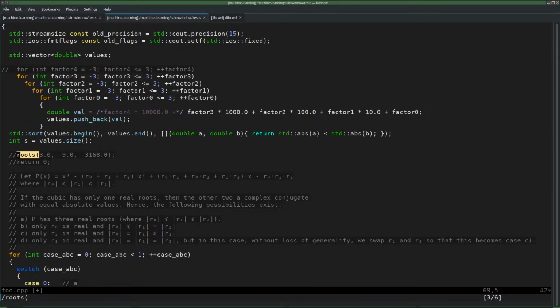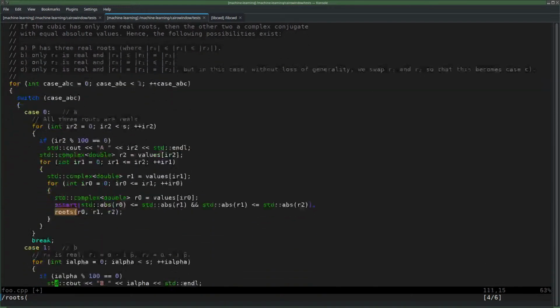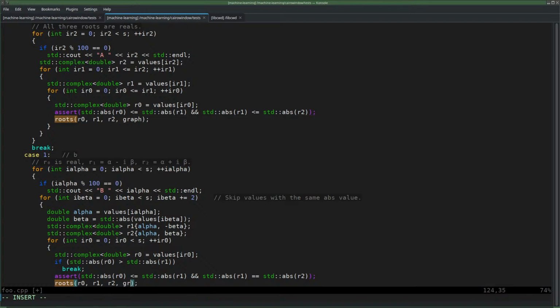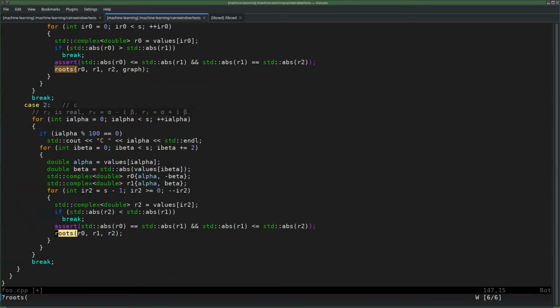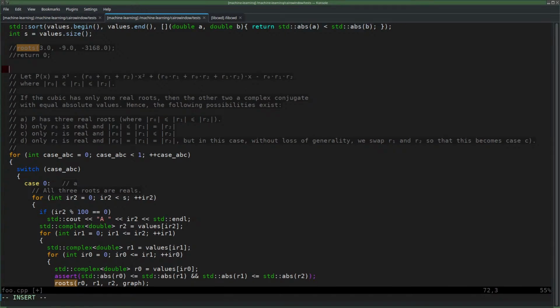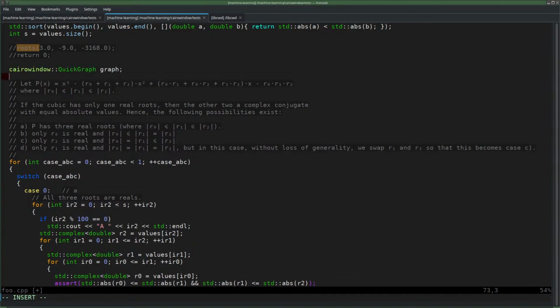So whenever we call roots now, we have to pass the graph object. Which we will create here, I guess. I think that thing needs a title.